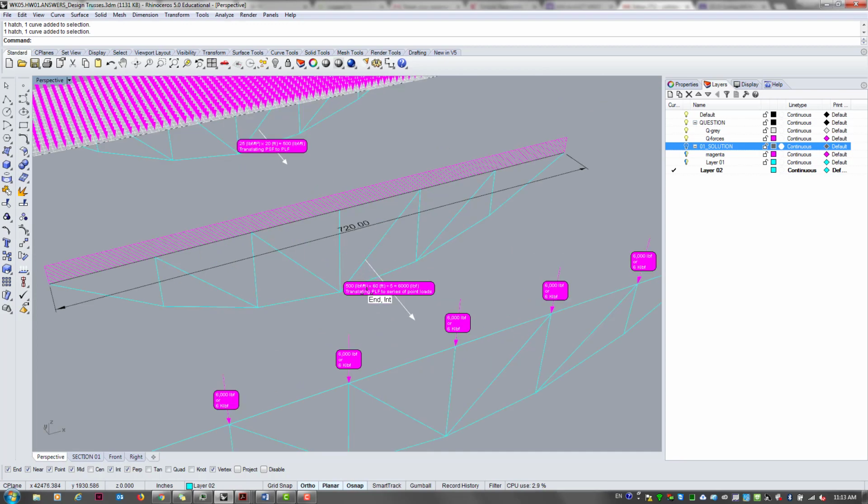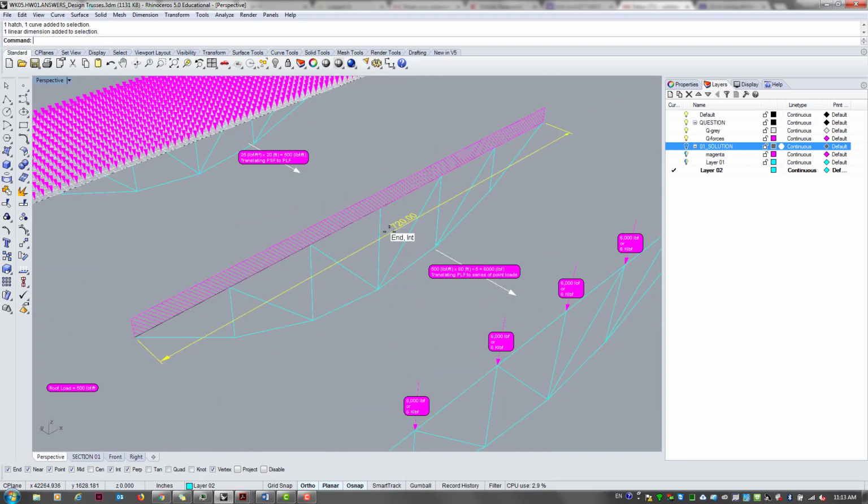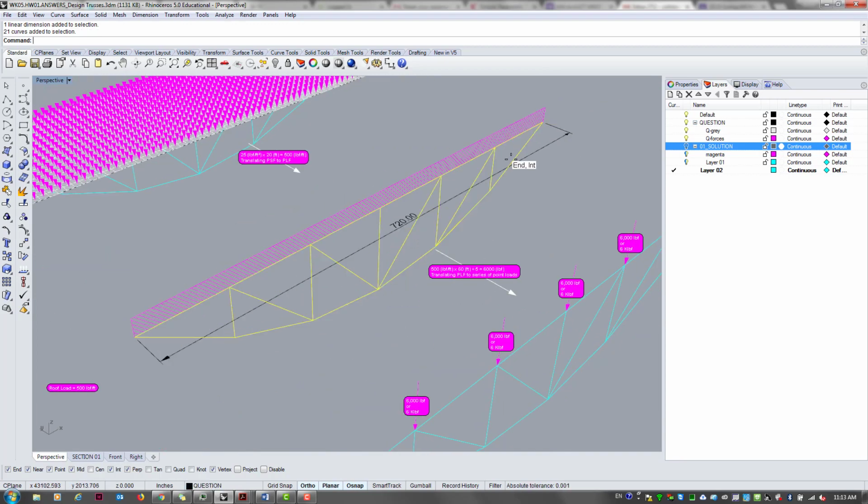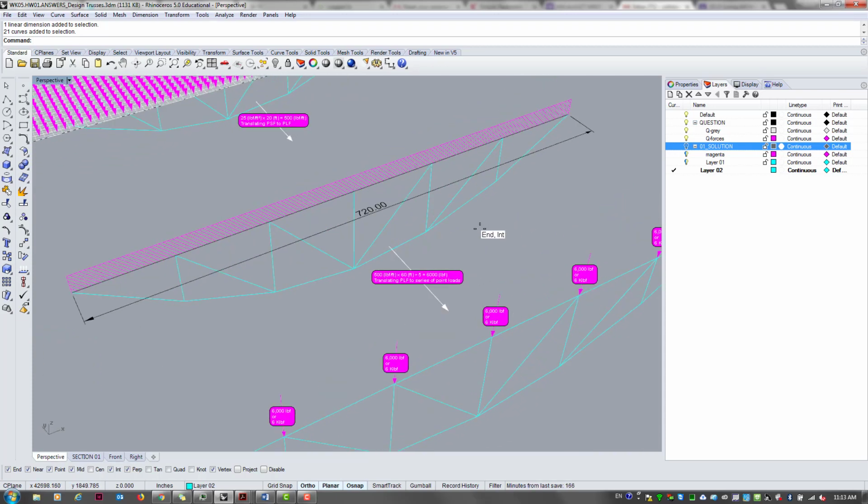This whole truss is 60 feet long, right? So if you calculate the total load for each of these trusses, it's 500 pounds per foot times 60 feet, which is the length of this truss.